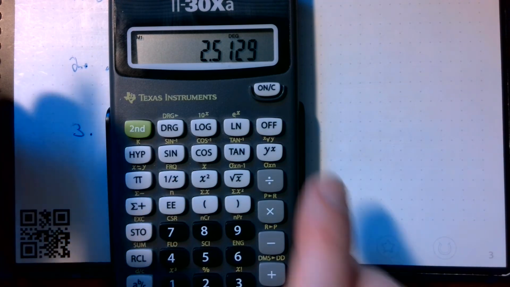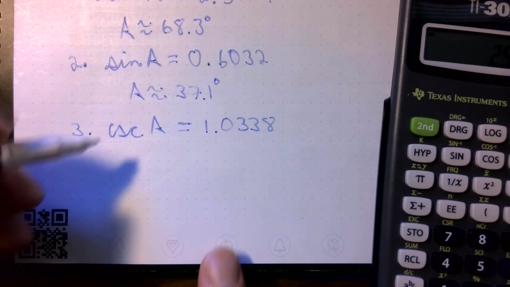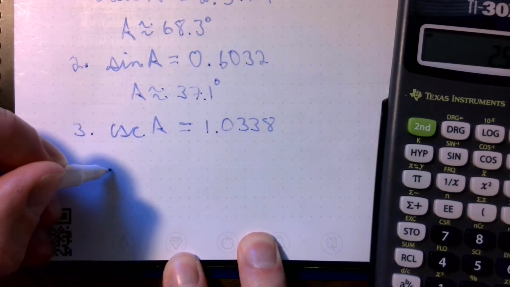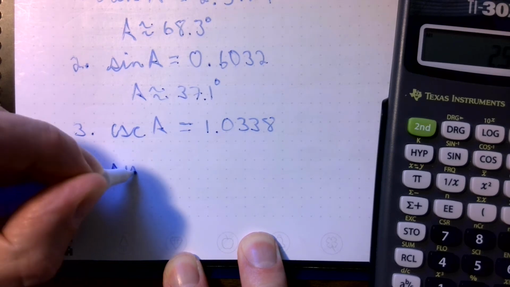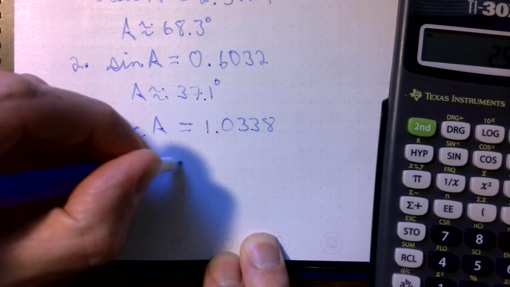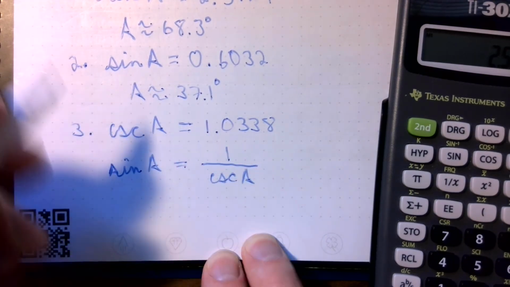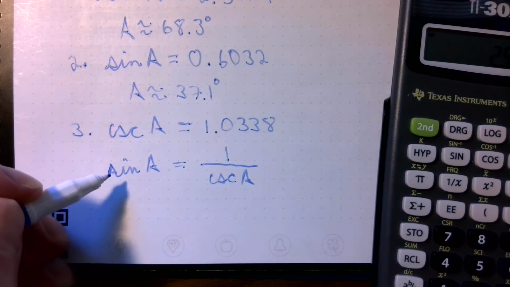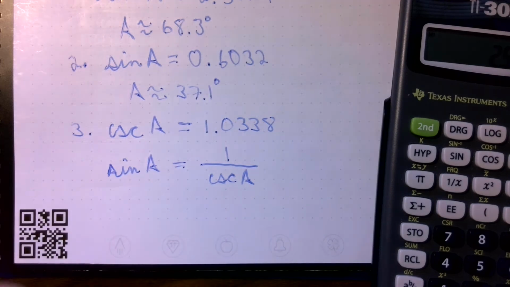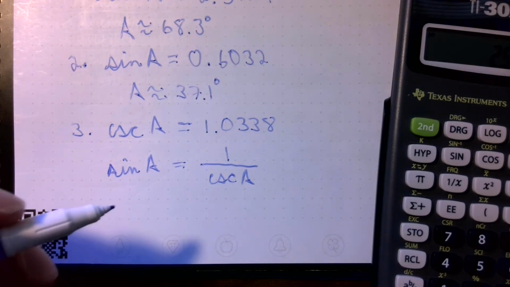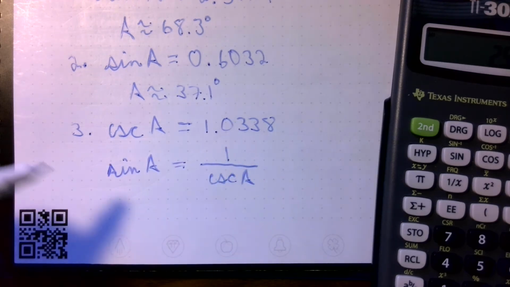I don't got a button for cosecant, but we have our trig identities. Okay, so we know that the cosecant function is related to the sine function, and they are reciprocals of each other. If I know the sine, I do 1 over sine and I can get cosecant, and that relationship works both ways. If I know the cosecant, I can take the reciprocal of that and get the sine.